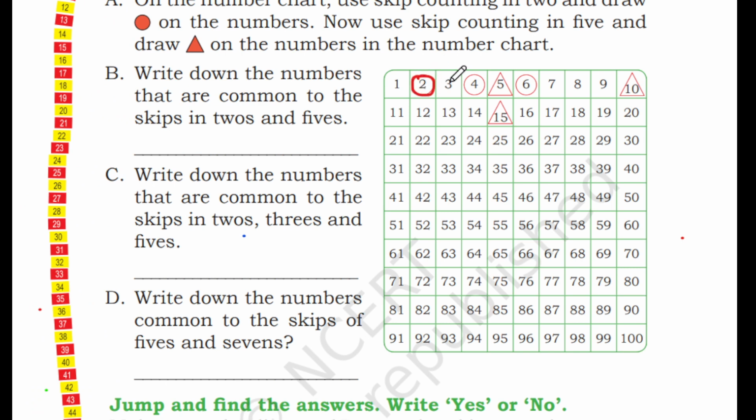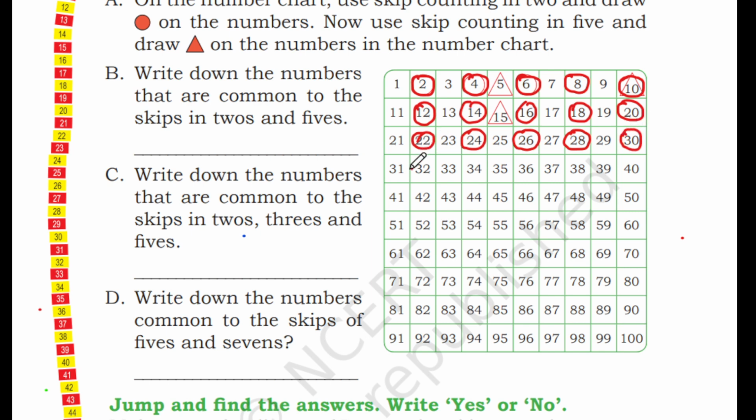So number 2, number 4, 6, 8, 10, we have 12, 14, 16, 18, 20, then we have 22, 24, 26, 28, 30, 32.